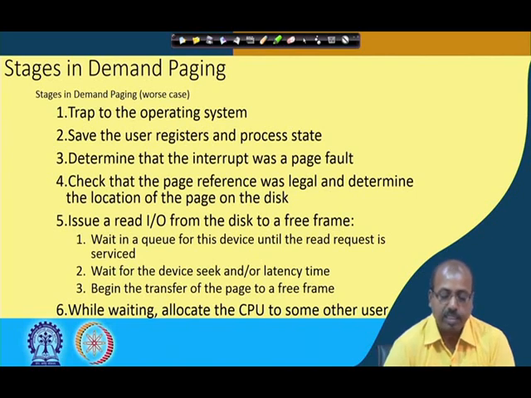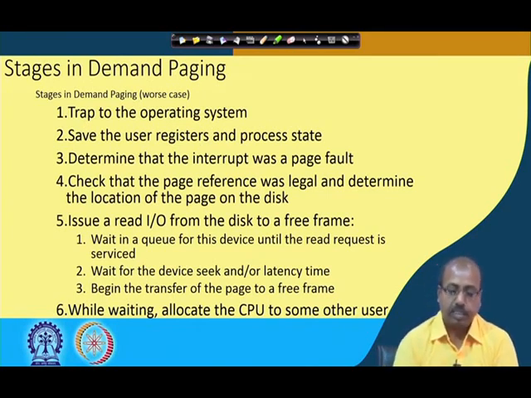If the reference is legal, then it tries to determine the location of the page on the disk, because now the page will be available in the swap space. The operating system tries to find out the swap space sector number where the particular page is located. Once that sector address has been determined, it issues a read IO from the disk to a free frame.